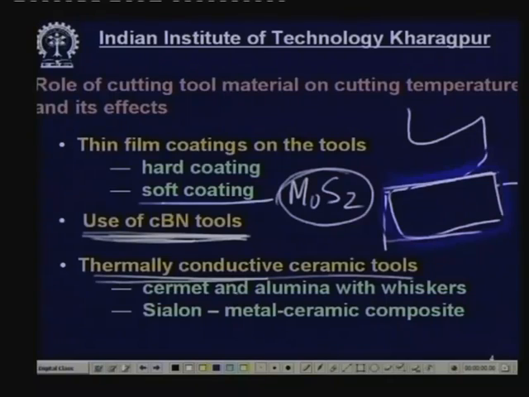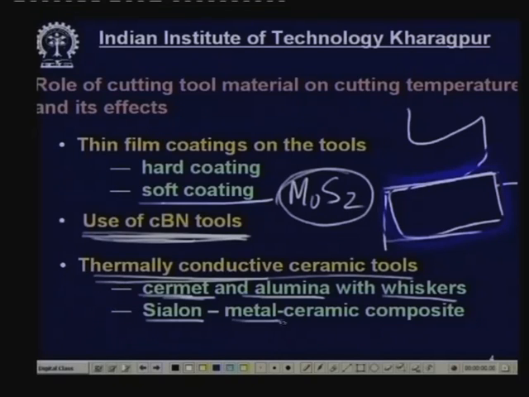So, the cutting temperature comes down in the cutting tool. How is it done? In alumina-like ceramic, some metals like titanium carbide, hafnium carbide, tantalum carbide are added, they call it cermet, and sometimes silicon carbide whiskers, fine rods, are added into that, which not only imparts toughness and strength, but also a certain amount of thermal conductivity that improves the performance of the alumina tool. Another tool is Sialon.